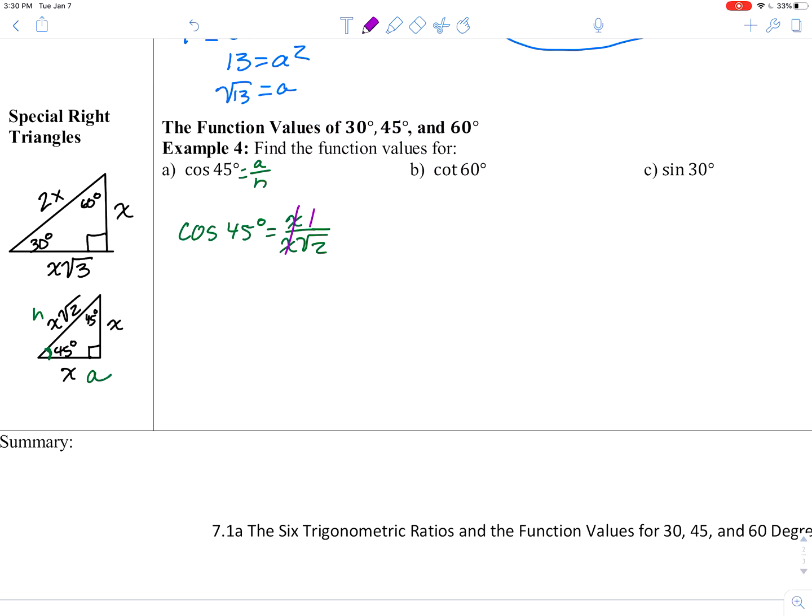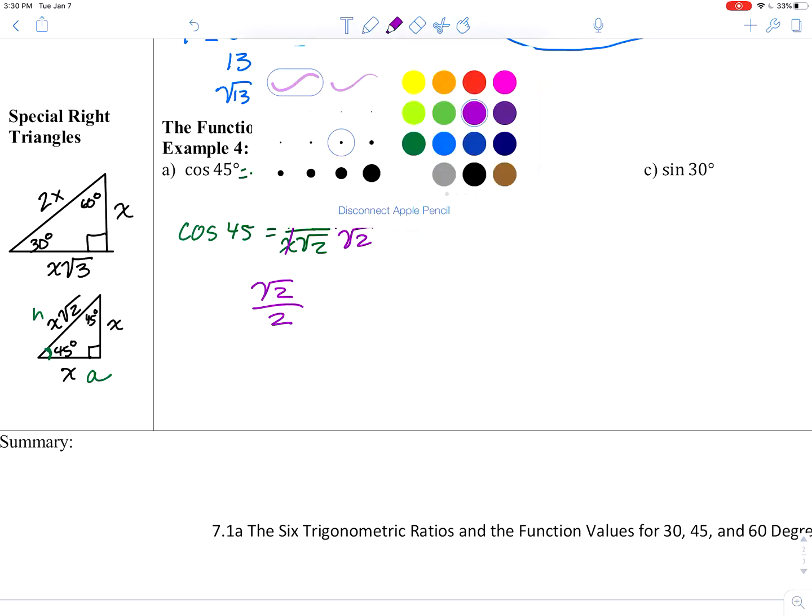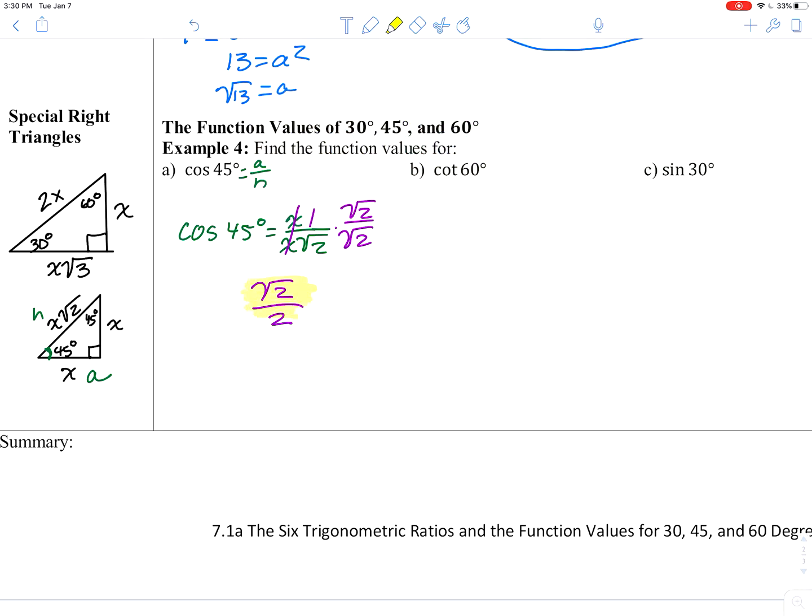X divided by x is 1. And then we'll also rationalize the denominator per my preference. So we'll multiply times the square root of 2 over square root of 2, and we get 1 times the square root of 2 over 2. And this is the exact value of the cosine of 45 degrees. I promise you, by the end of this semester, you will know that one by heart.